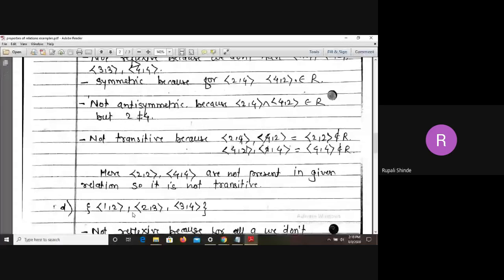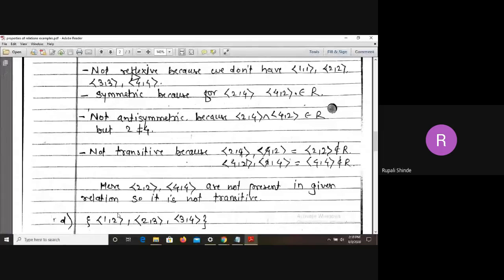So now we have to find the properties satisfied by relation D. Start from reflexive. Whether this one is reflexive. Not reflexive. Symmetric? Not symmetric.